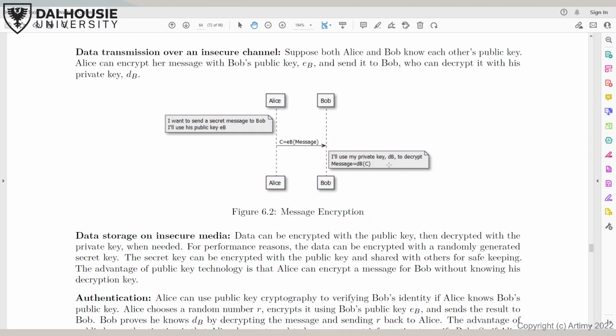You're getting the public key from the server, and you are encrypting your communication with that server with their public key, and then sending it back, and they use their private key to decrypt the message from you, right?